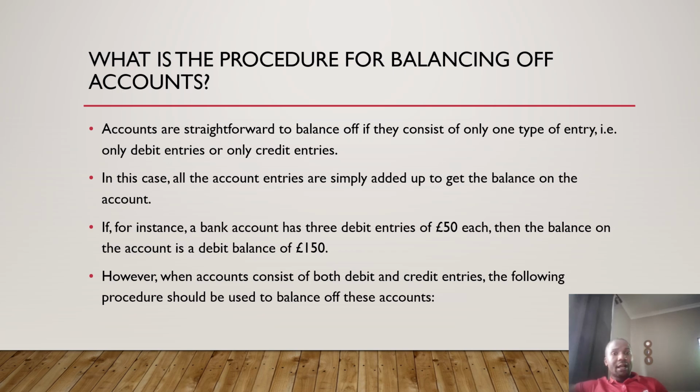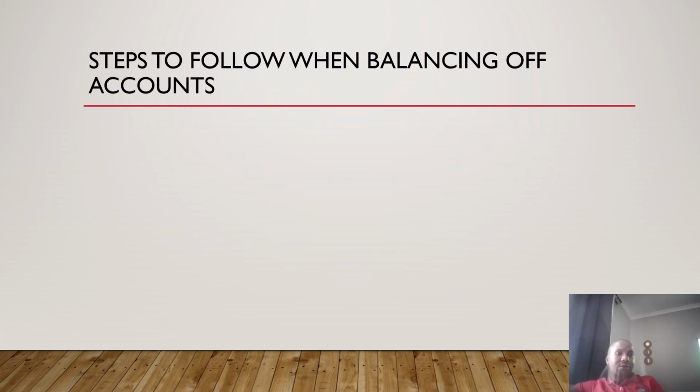However, if the accounts consist of both debit and credit entries, as we saw in the previous bank account, the following procedure should be used to balance off these accounts. So now we're going to look at the steps to follow when balancing off accounts that have both credit and debit entries. The first step is to add up the amounts on each account side.